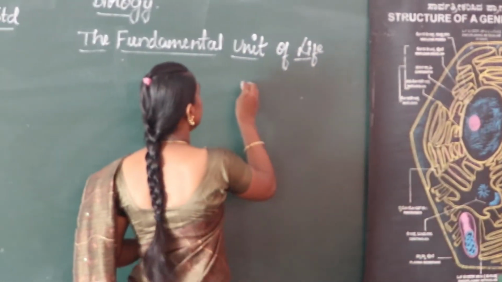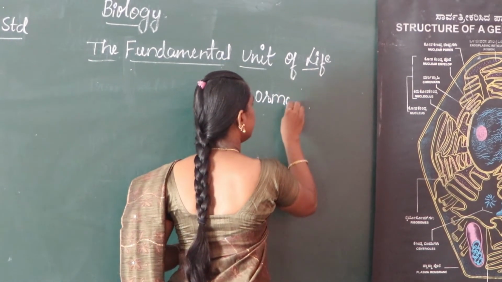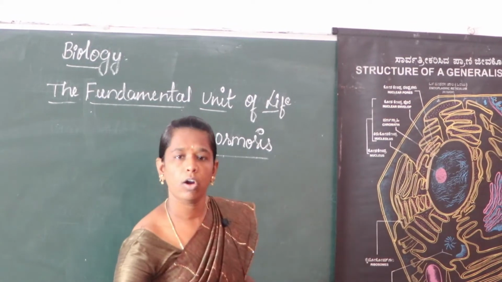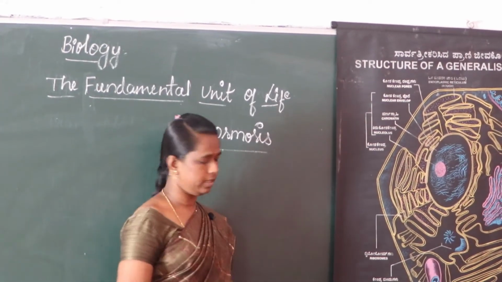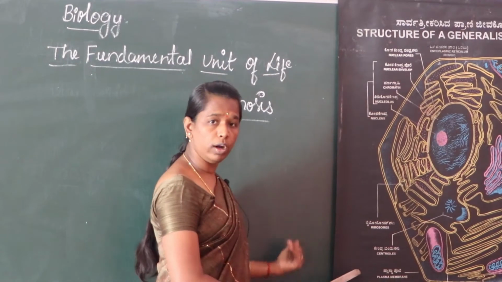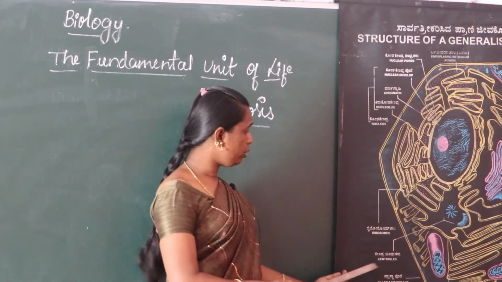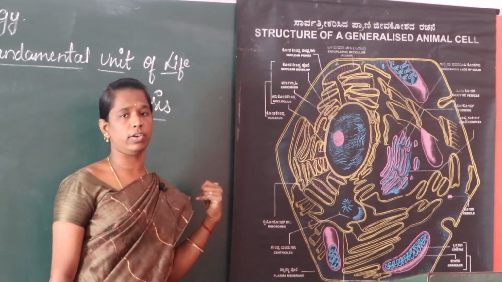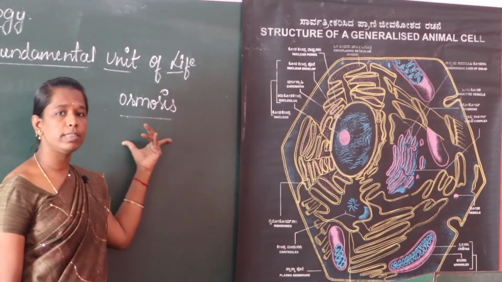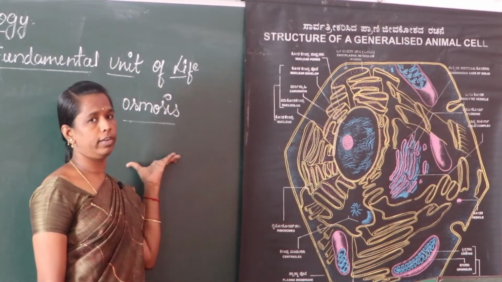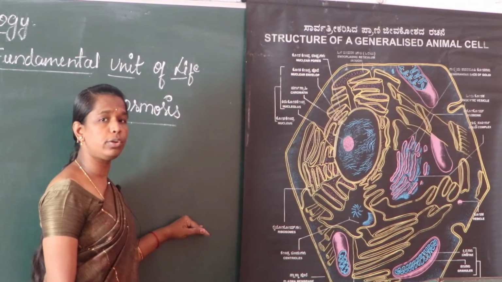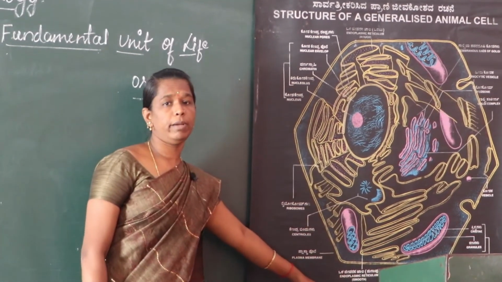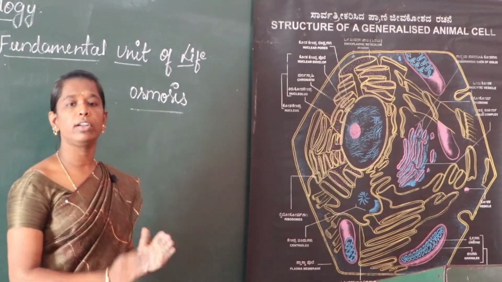Osmosis is a process, the movement of water molecules from a higher concentration to a lower concentration, or vice versa. The definition of osmosis is the movement of water molecules from higher concentration to lower concentration through a selectively permeable membrane, through a particular medium.